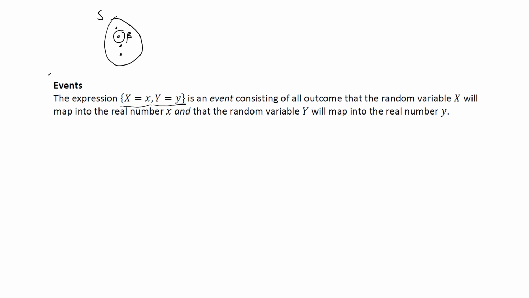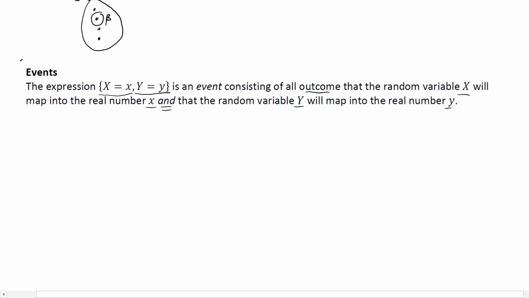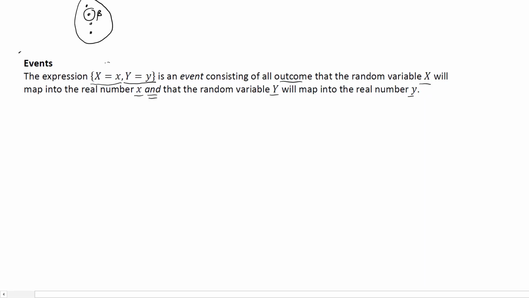It's a subset of the sample space, and this particular subset contains all outcomes that x will map into lowercase x and y will map into lowercase y. So this thing here is an event. Exactly which elements are in the event depends on which values lowercase x and lowercase y take.